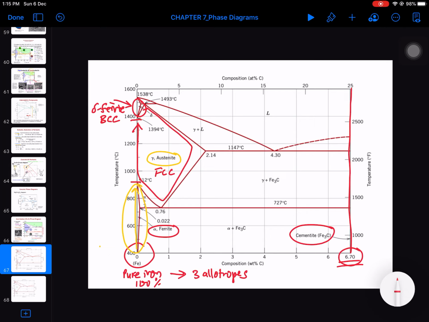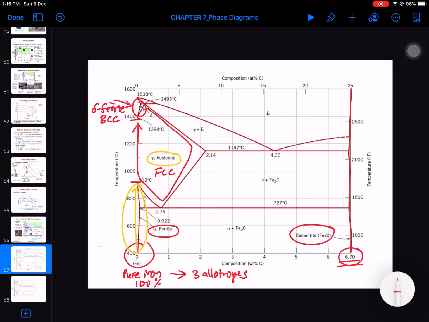The reason we stop at 6.7 is that beyond this it has no technological importance to the steel industry. In practice, all steels and cast iron have carbon content of less than 6.7 weight percentage of carbon. That's why we only consider the iron and iron carbide system up to 6.7 weight percentage of carbon.